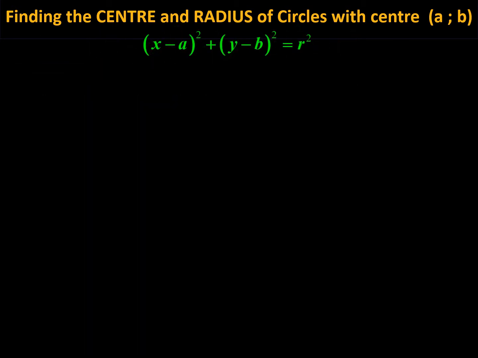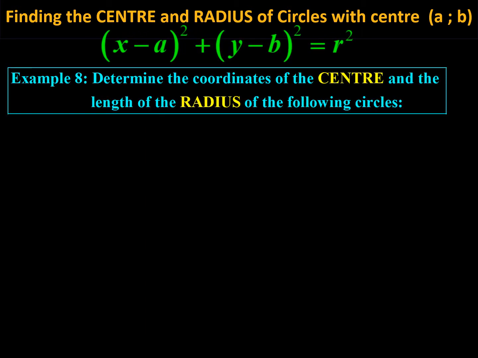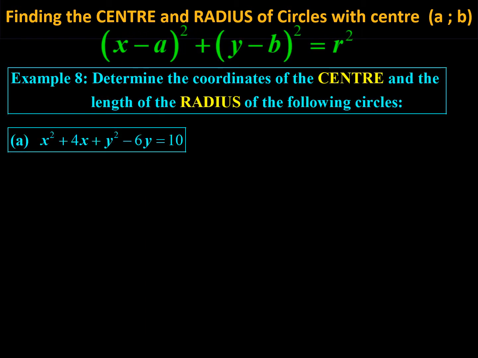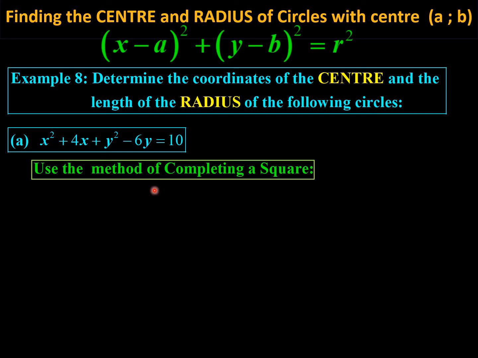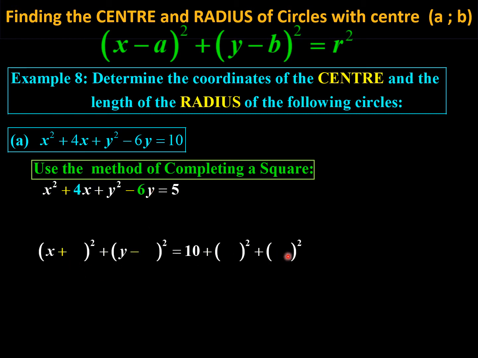So there we have our formula, which is given to us. So let's take the first one. So what I need to do is write this equation in that form. So let's start off with the form first, right? And the method that we're going to use here is the method that we did in grade 11 on completing the square. But we'll just show you the very simple way of doing that. So this is the format that I want. That plus sign will remain a plus sign.